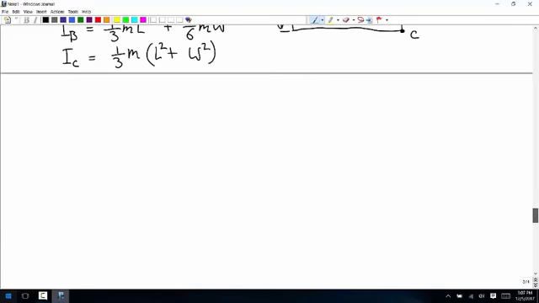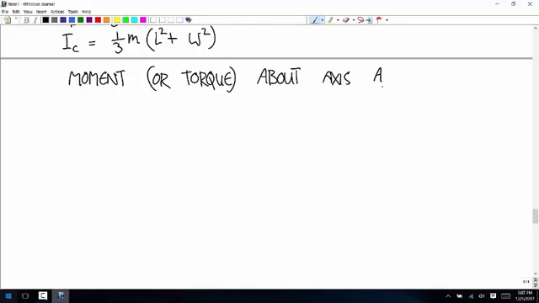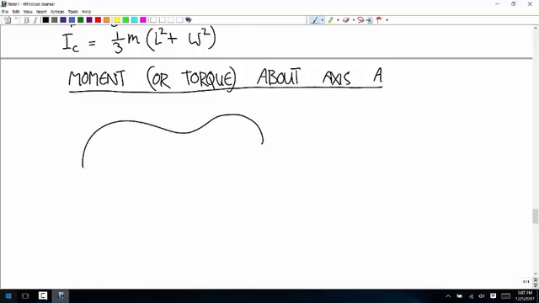Okay, so now we have to talk about the moment or torque about an axis A. So we just have this random shape.